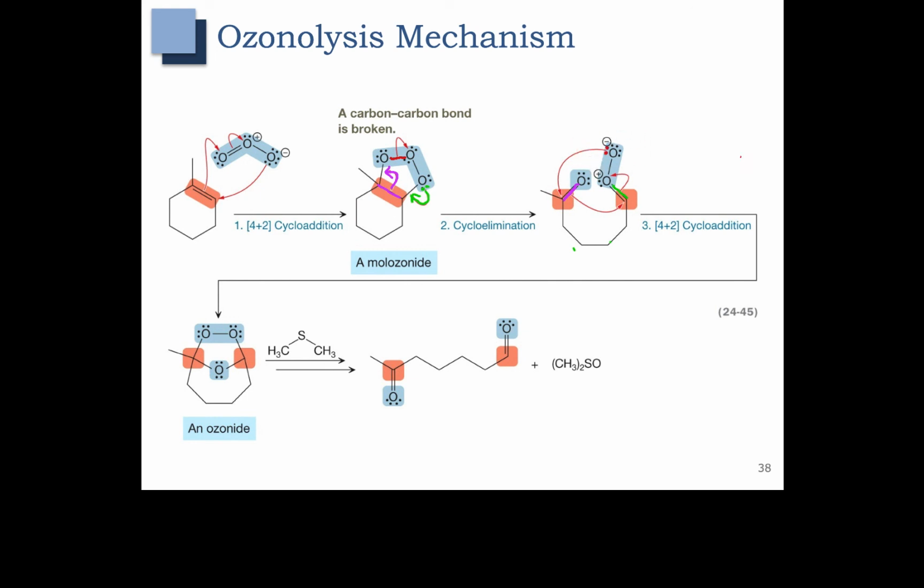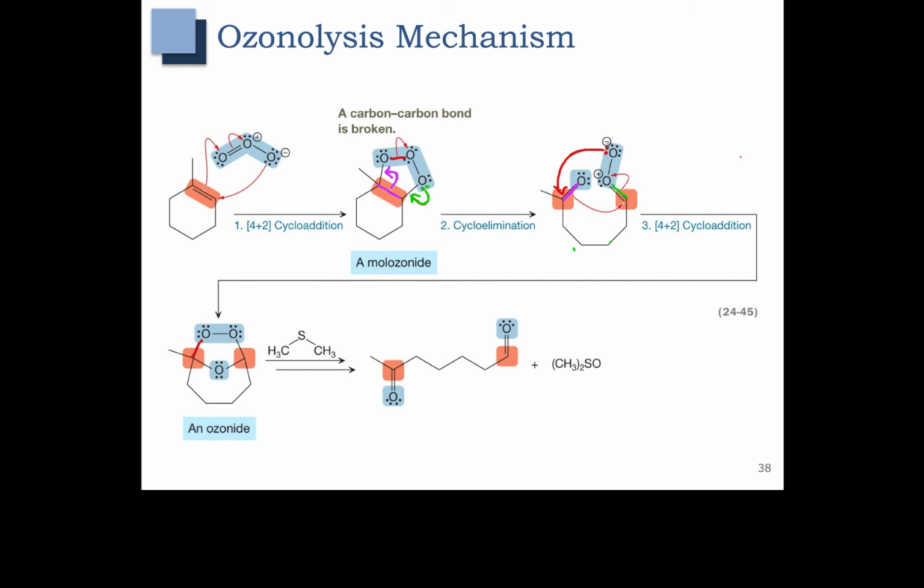In the next step of the reaction, we have another 4+2 cycloaddition. The red electrons come down, attacking the carbonyl carbon because you have a negative charge. That forms the oxygen-carbon bond, shown here in red.